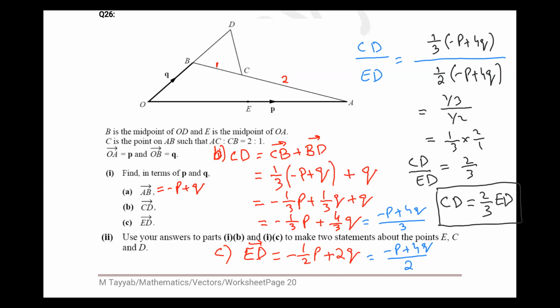I hope it's clear. Any question about question number 26? That was a good question.